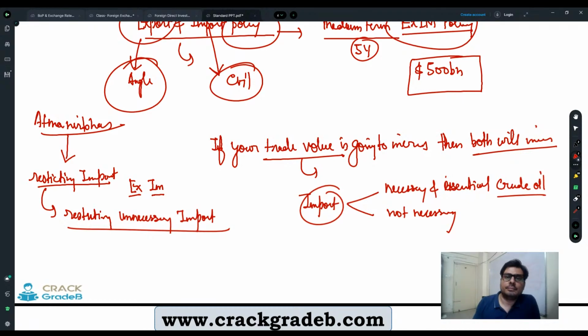All the raw material is not going to be available, so import will still be there, but you can try to restrict all those unnecessary imports. So do not always feel that every import is an evil thing. Some imports are essential in order to go for export and fulfill your requirements.